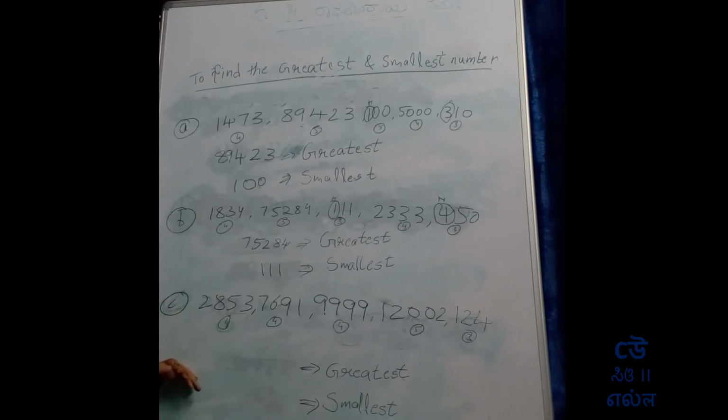So next example we will solve. Okay, coming to the next one, we have 5 numbers. Count and write the number of digits in each number and find out which is the greatest number.